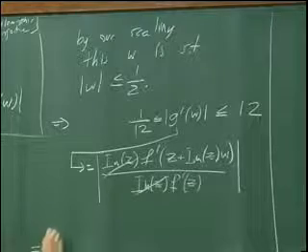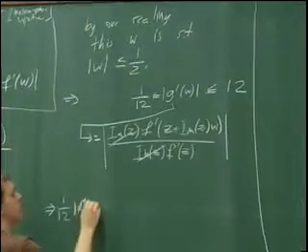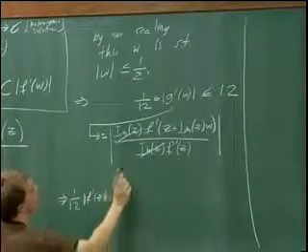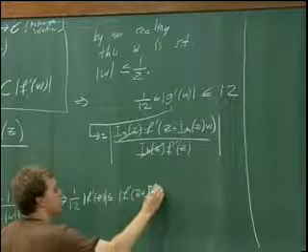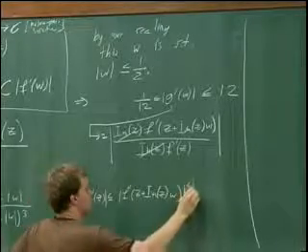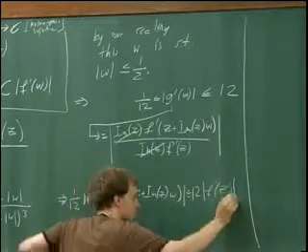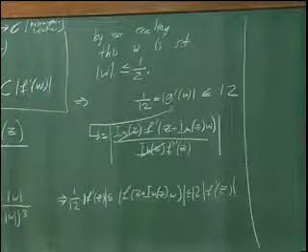And we conclude that 1/12 of the absolute value of f prime of z is less than or equal to the absolute value of f prime at z plus imaginary part of z times w, less than or equal to 12 times f prime at z. All right.